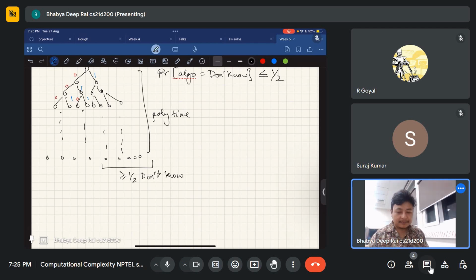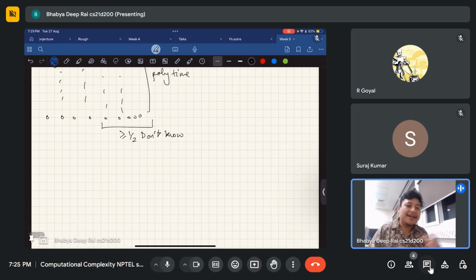And what happens to the remaining? The remaining could be accept or reject, right? But since it's a ZPP algorithm, it always answers you correctly. If X is in the language, then all of these are accepting. And if X is not in the language, then all the randomized paths will correctly tell you to reject.